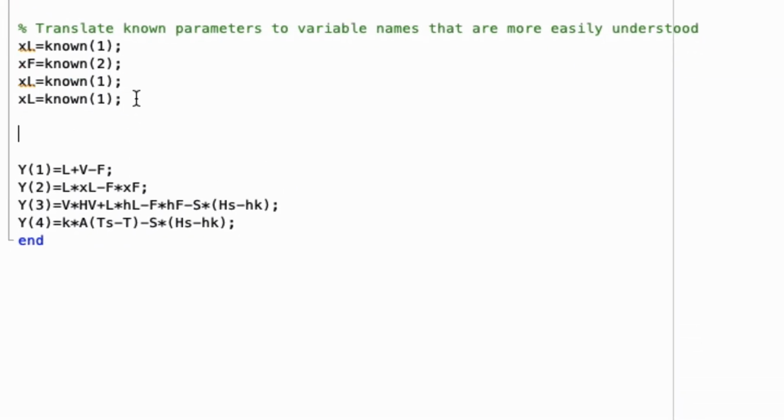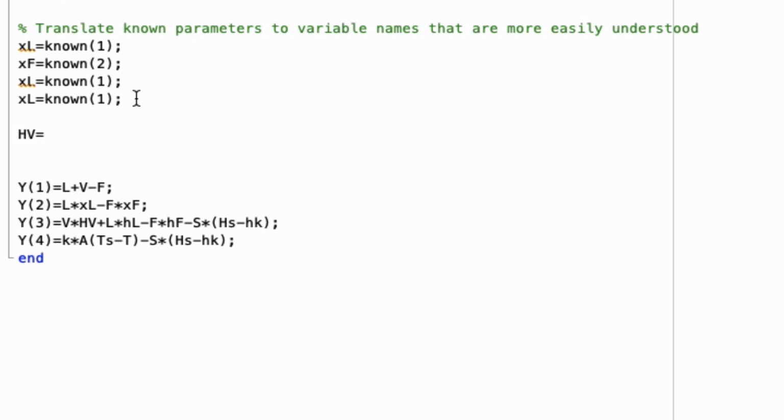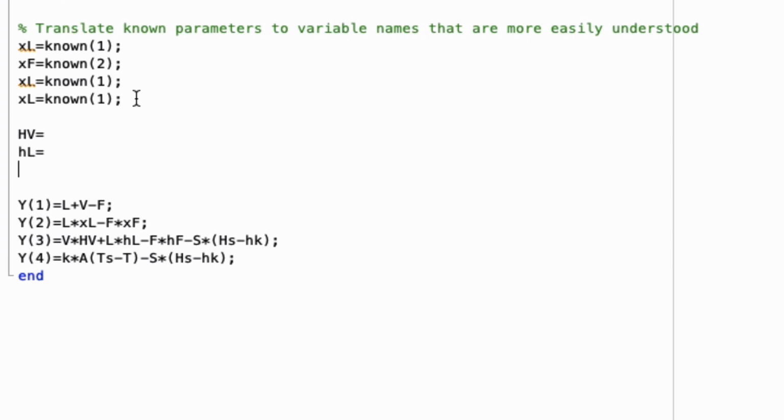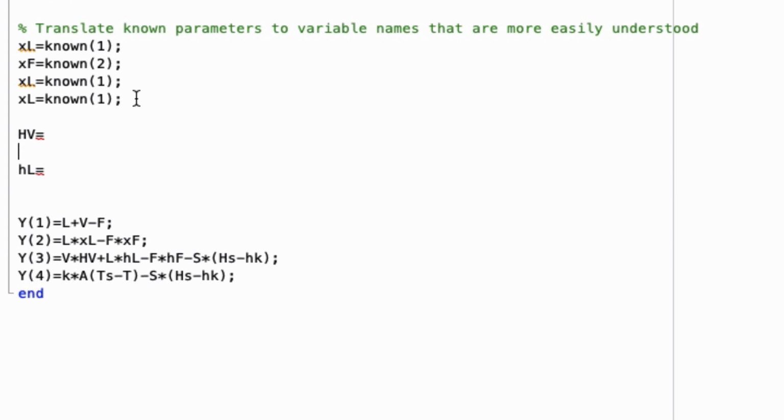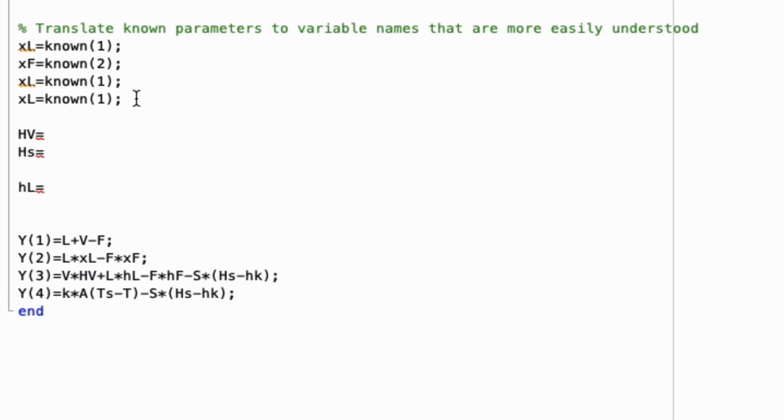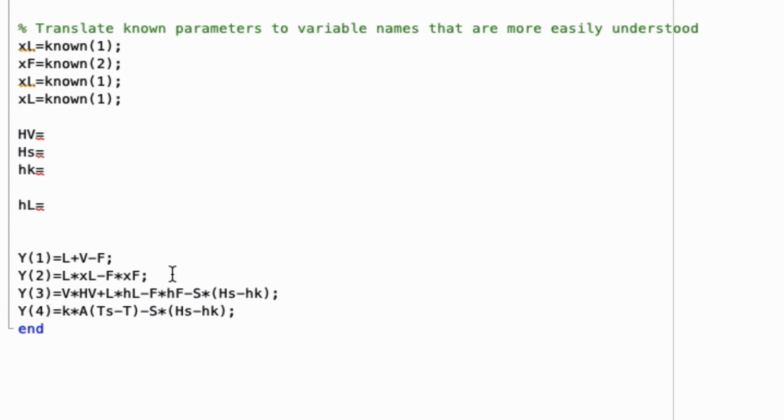Okay, what do we have more? We have HV must be equal to something. We have HL must equal something. HS, which is also a vapor, has to equal something. HK has to equal something. HF has to equal something as well.